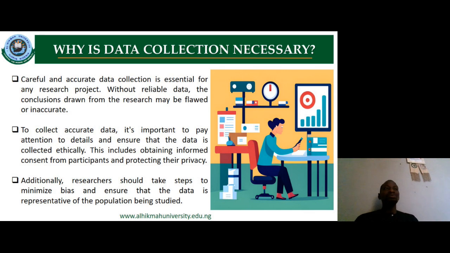Then if the person is willingly making him or herself available, you involve them in the research. When you are involving somebody, that person must be willingly ready to provide information. Then you let them know that the information you are obtaining will not be used against them, and will be used without disclosing their identity. That is essential, so you do that. That's a tip that you have to take note of.